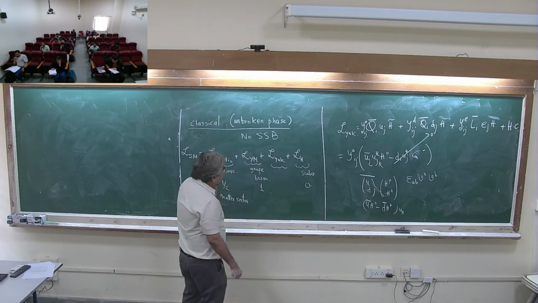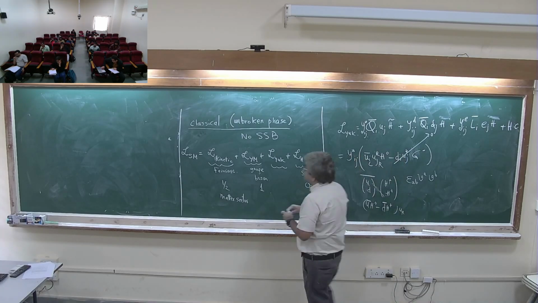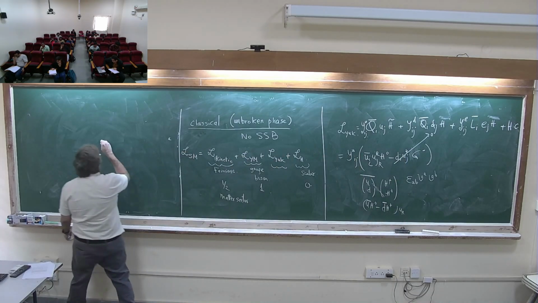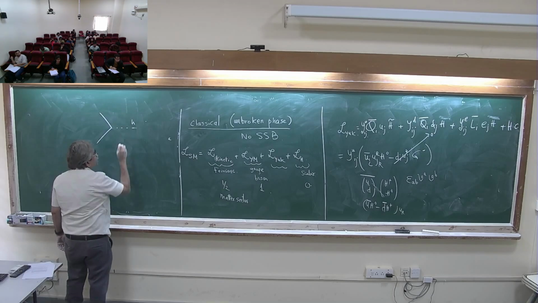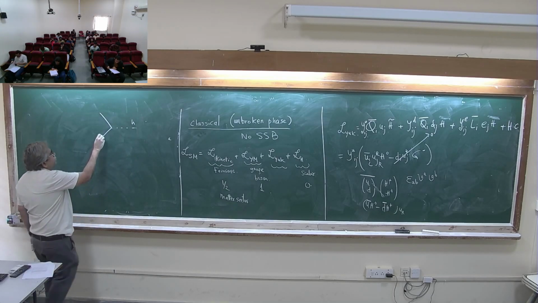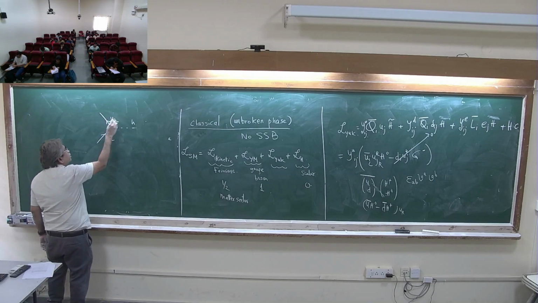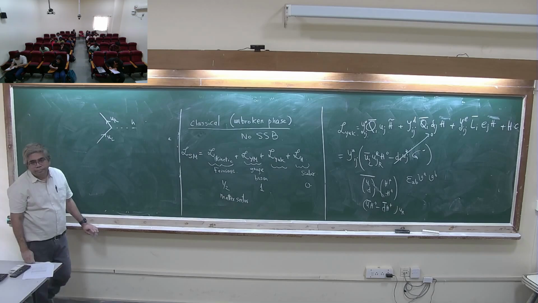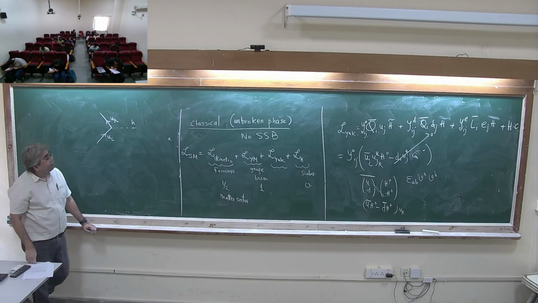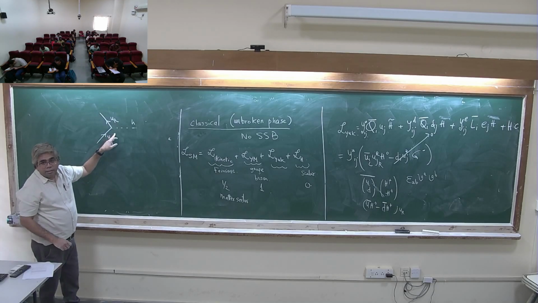Okay, now let's come to the last part. Now these couplings are Yukawa couplings. So you have U left, U right. This is what it is. Now, this can in principle be a matrix in flavor space.